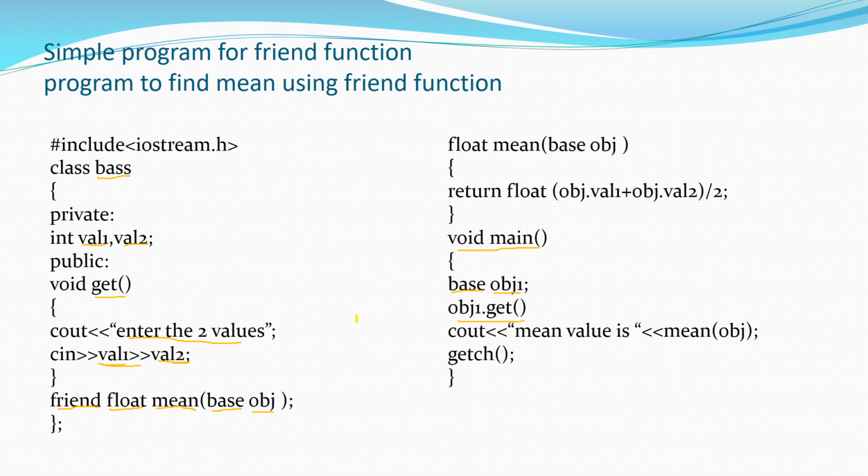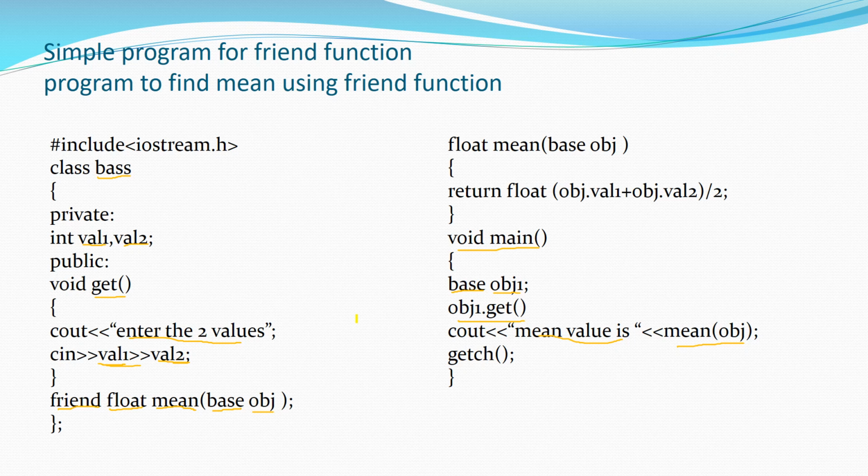After the function has been called, secondly, I'm going to go for cout mean value is the mean value. I'm going to find the mean value, where I already told you that the friend function is called like a normal function where I'm passing a parameter.